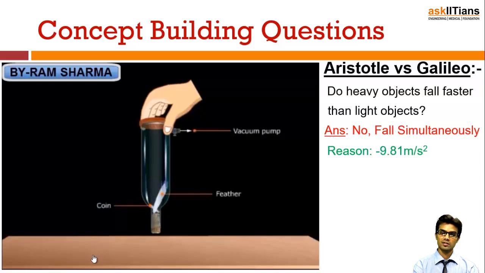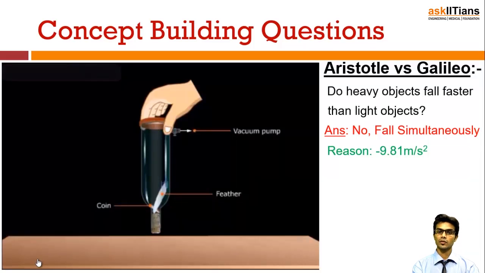So what is the explanation? Why is it not happening in real life? Where is the problem? Actually, whenever a heavy object or a lighter object is dropped from the same height, both objects must fall at the same time.